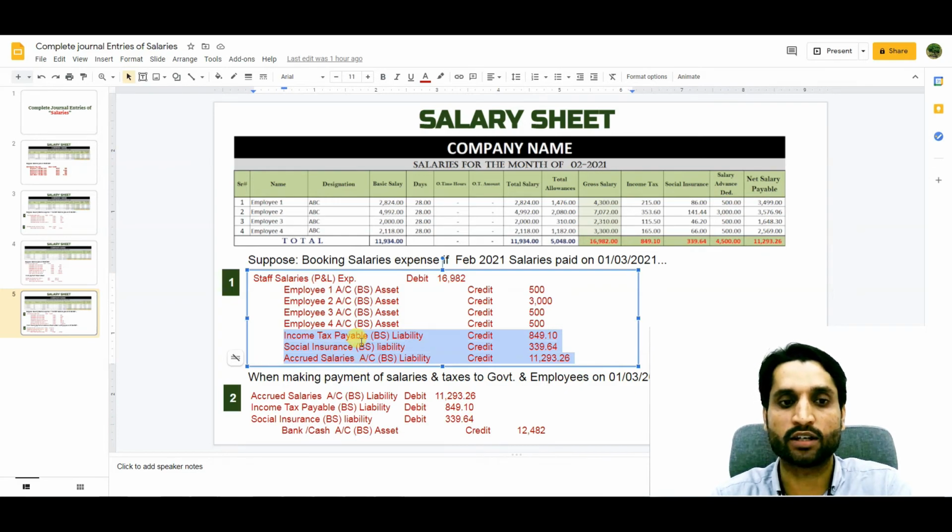Income tax payment goes to the government, social insurance goes to the government, and accrued salaries, this liability, goes to the employees. So accrued salaries account liability 11,293, this amount which is payable, goes to the employees, and income tax liability decrease, which will be debit. Social insurance liability will decrease, which will be debit, and bank or cash account will credit with total value 12,482.